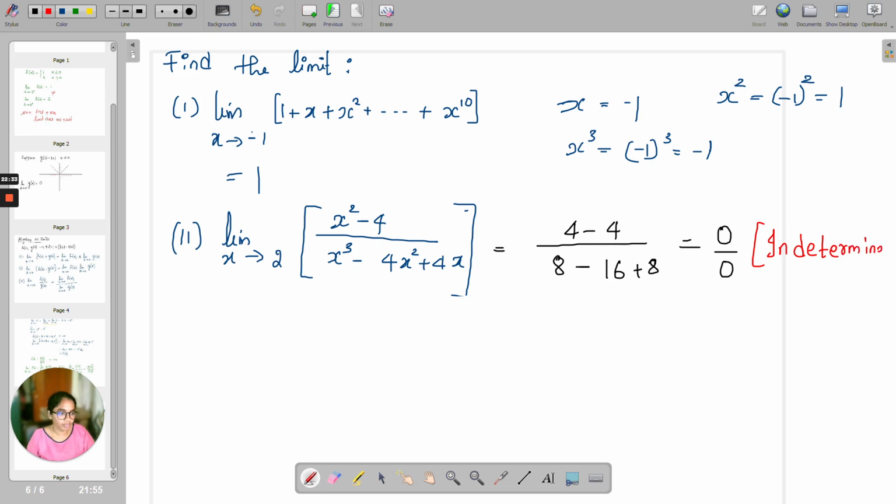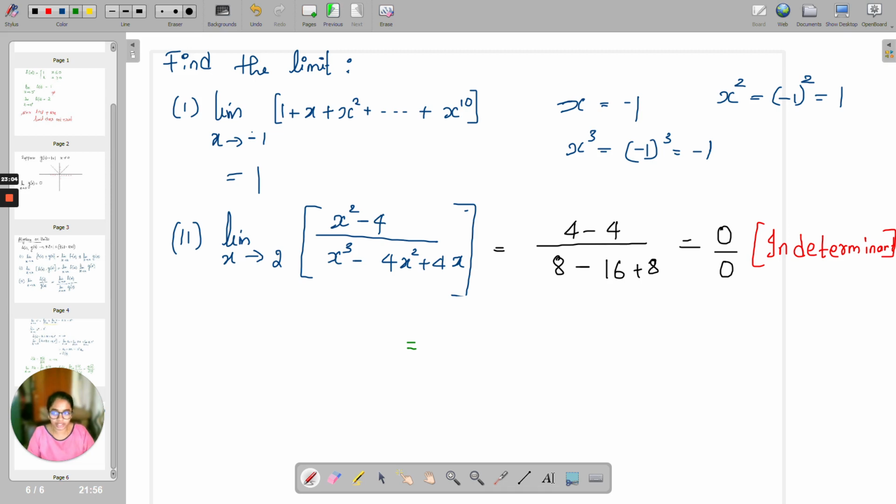So whenever you arrive at this indeterminate form, you would have to try changing the function. This is not the answer that you should get, because this is not defined, right? So how do you change this function? You see the numerator is in the form of a square minus b square.